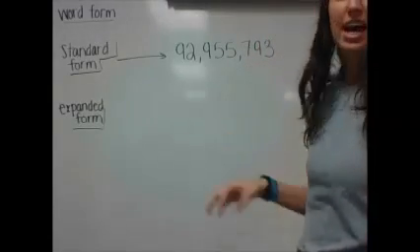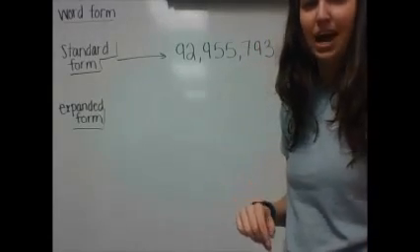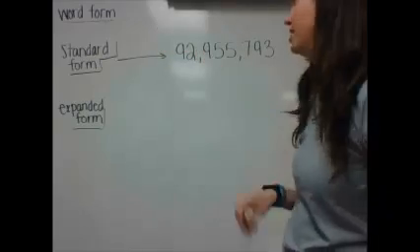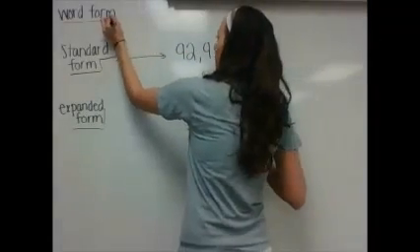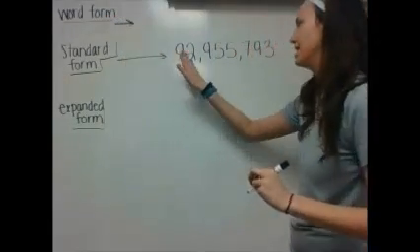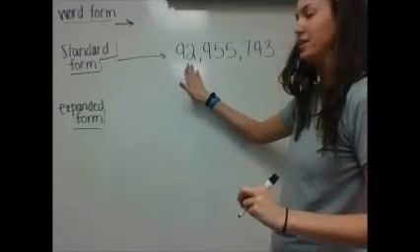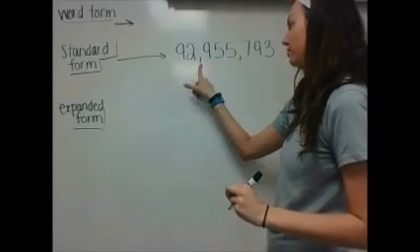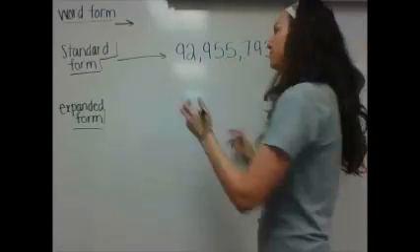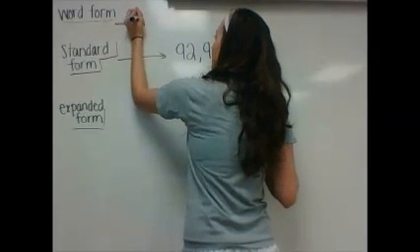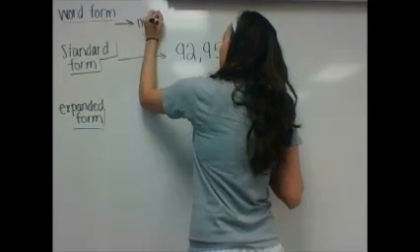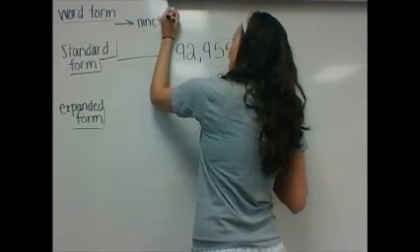Now we have to look at how to read this number, and I always, as I read it, go ahead and write it in word form. So we have 92. So I start by just reading that first part in front of the comma, which is like our period. So 90 and 2, we hyphenate that.